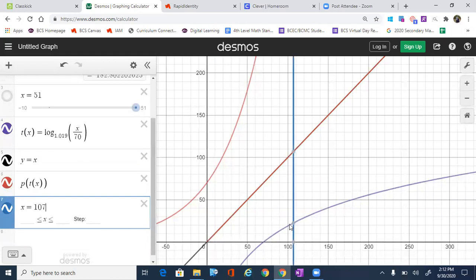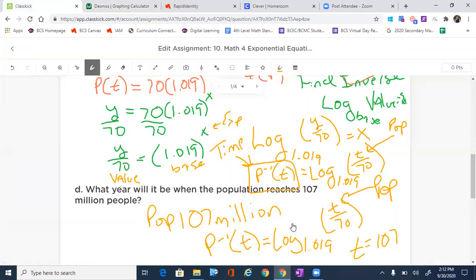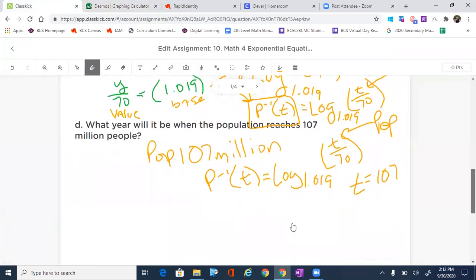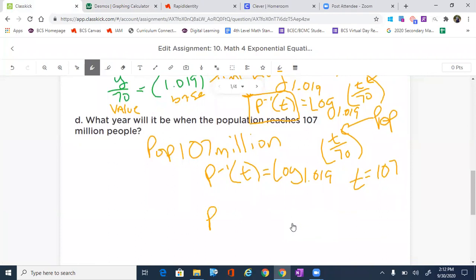And I come over and I find out where that is on my logarithmic function. And at 107, that is 22.54 years, okay? So that happens at 22.54 years. So P inverse of 107 is 22.54 years.